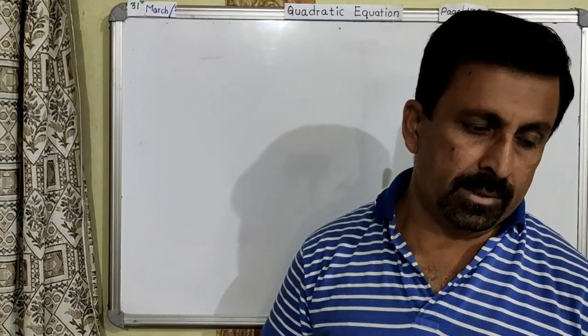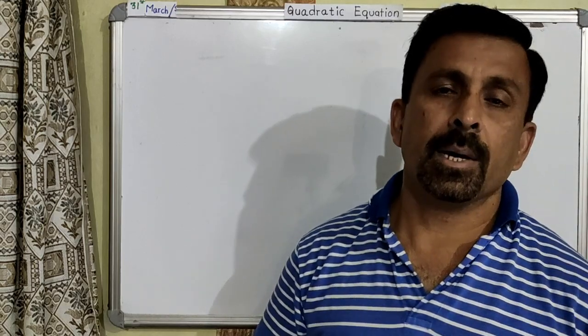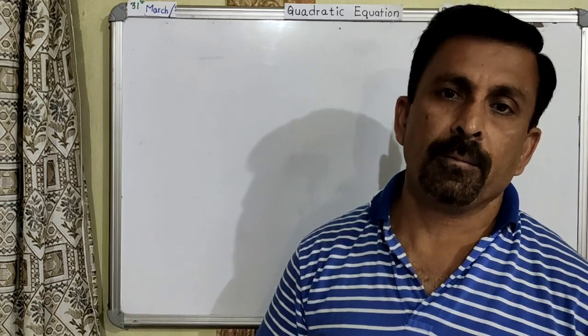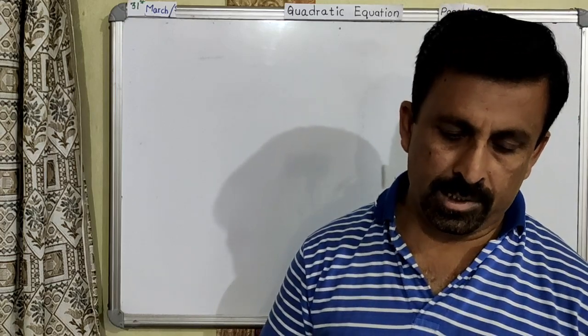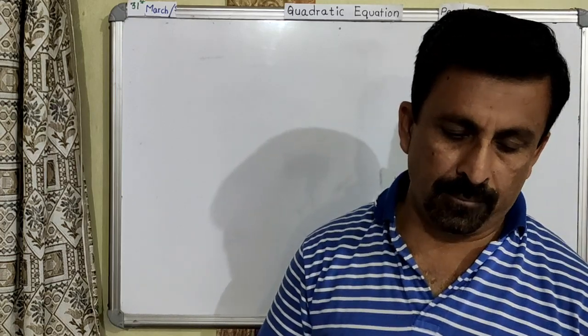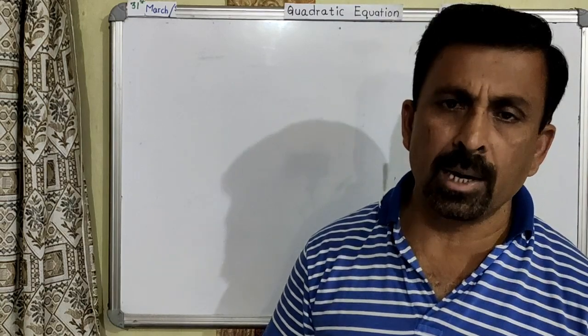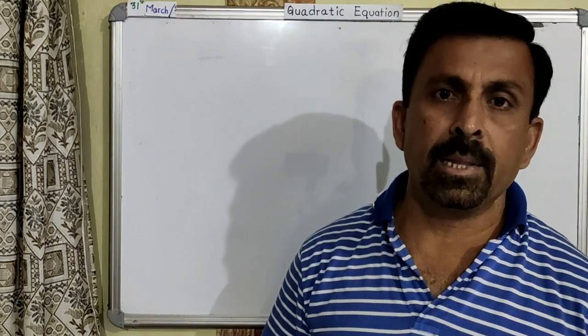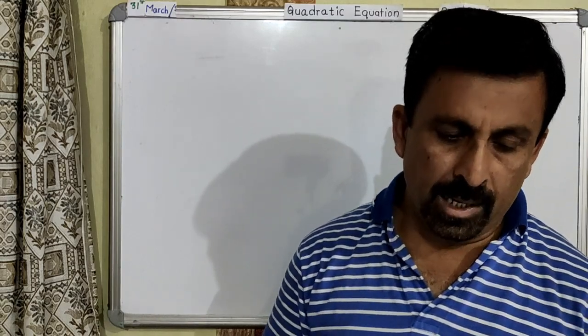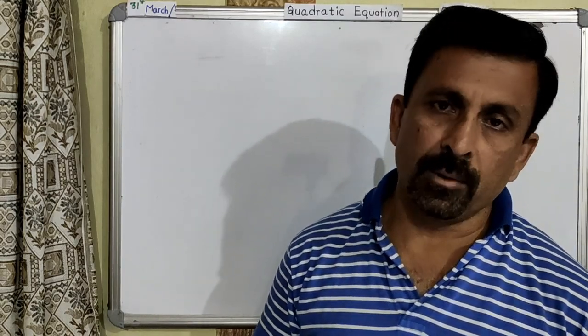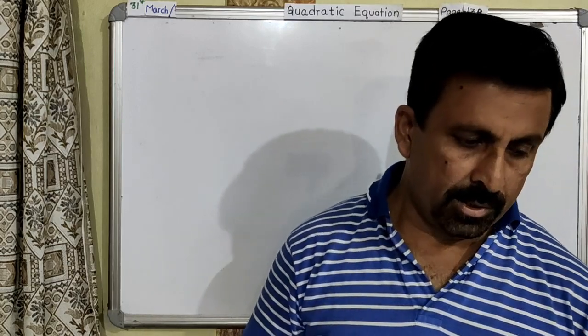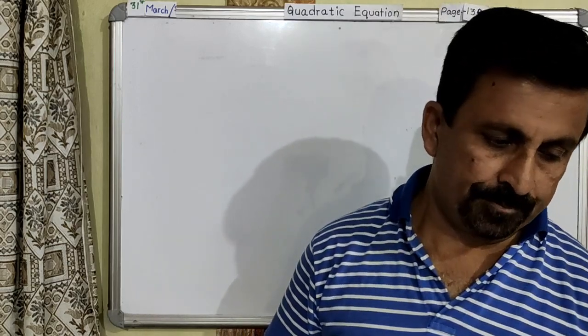This video is made on the word sums of quadratic equation in the factored form, because students are finding more difficulty in the word sums. That is why I am stressing more on word sums, in order to clarify your doubts.